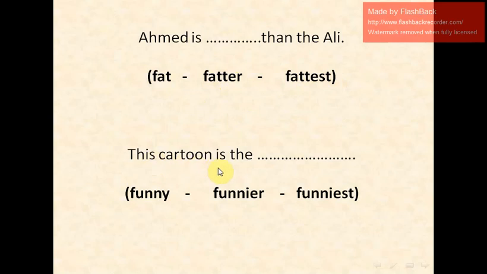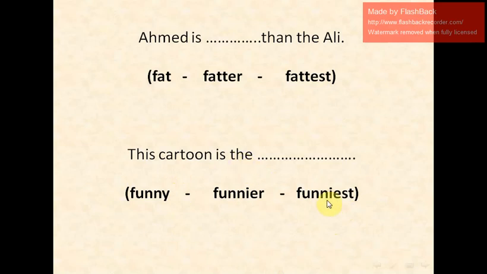Okay, the next one. This cartoon is the funny, funnier, the funniest. You see the keyword is the. Now I'm comparing this cartoon to all the other cartoons I've ever seen in my life. This cartoon is the funniest. EST. And remember that this word is a keyword.